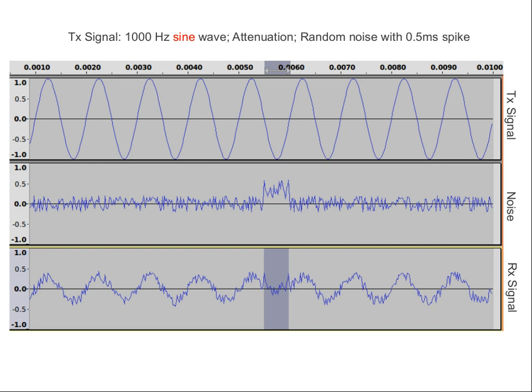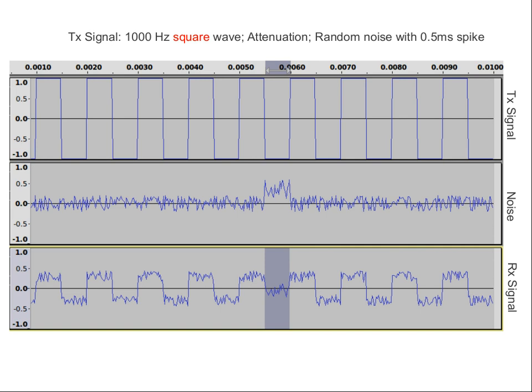With a square wave, there's less chance that the noise will change the level, causing an error. The square wave is better in terms of accuracy, or better in terms of fewer errors at the receiver. So the signal shape has an impact upon the number of errors. That's one important point.